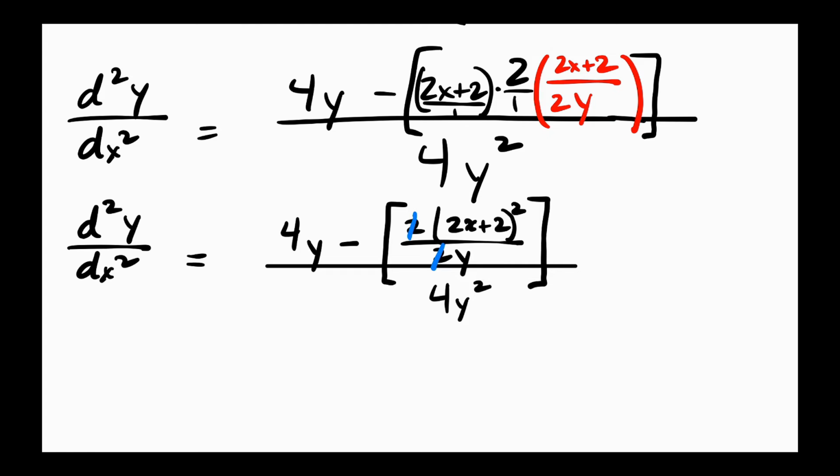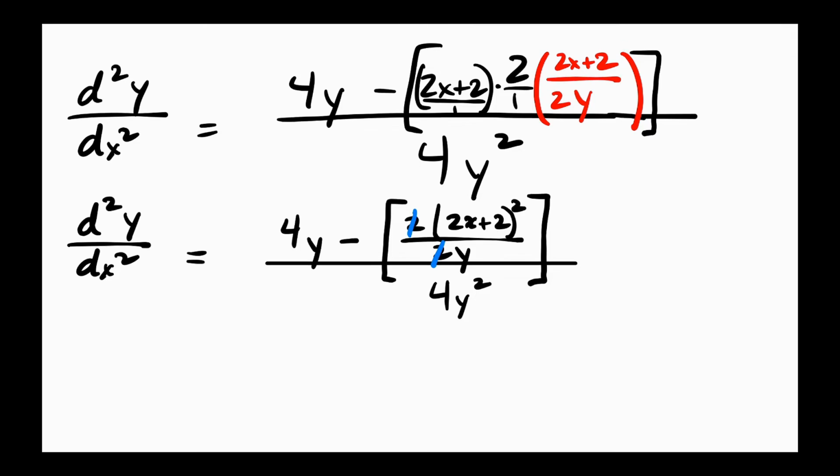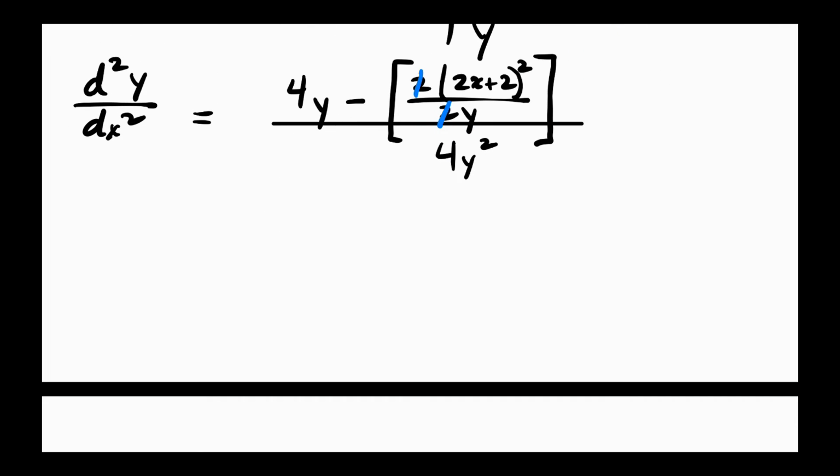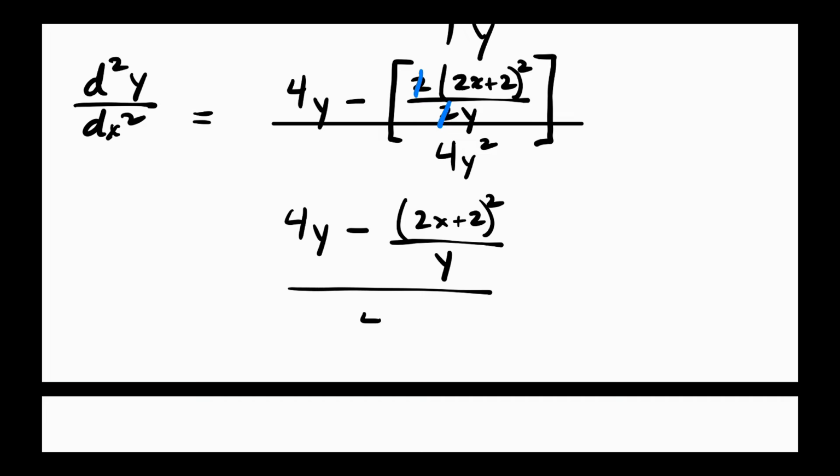Okay. So now I only have one term inside of the brackets. So I have 4y minus 2x plus 2 squared over y. And then on the bottom, I have 4y squared.